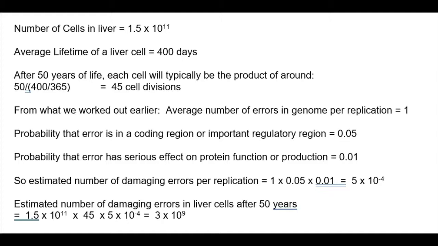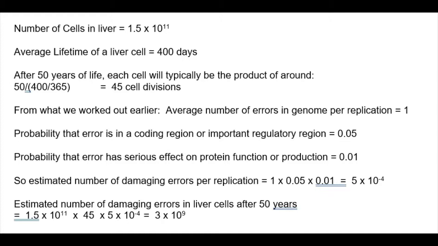The probability that we get an error in one of those parts of the chromosome is only about 0.05, and taking account of what we've just been talking about in the lysozyme example, the probability that an error in one of those regions actually has a serious effect on the way the protein works, or on how much of the protein is produced, again, is probably quite small. So I've just sort of guessed a figure of about 1% again, so 0.01.